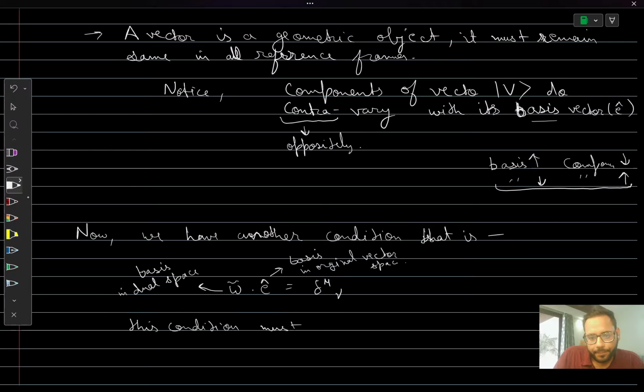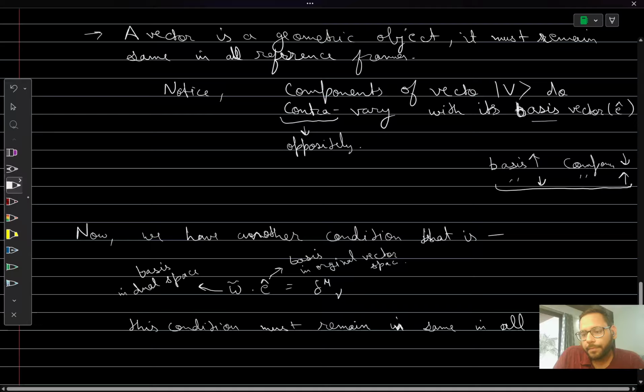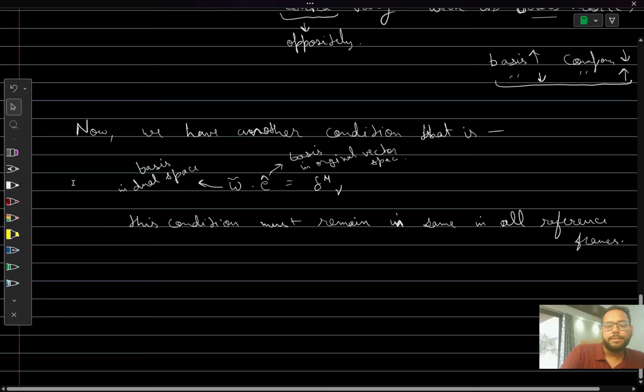Now this condition must remain invariant because they must be orthogonal no matter which reference frame you choose. This condition must remain the same in all reference frames. Okay, so we can write this like this.